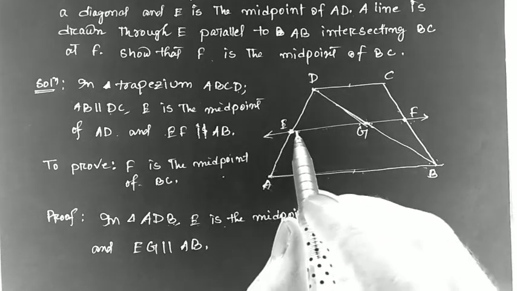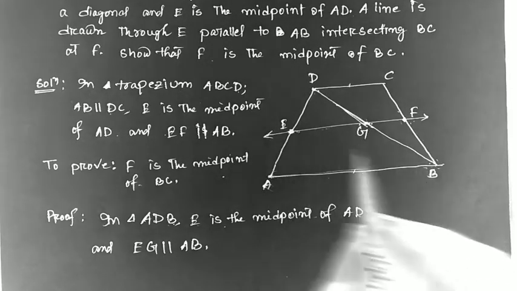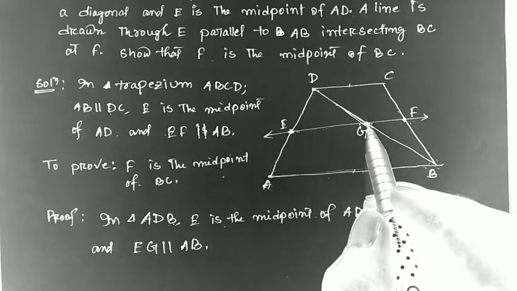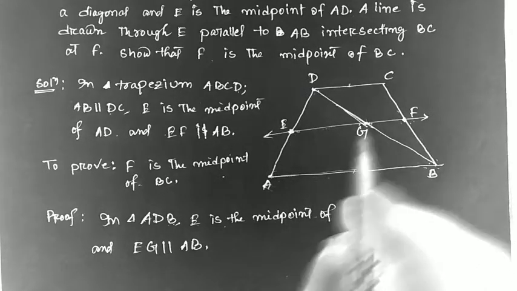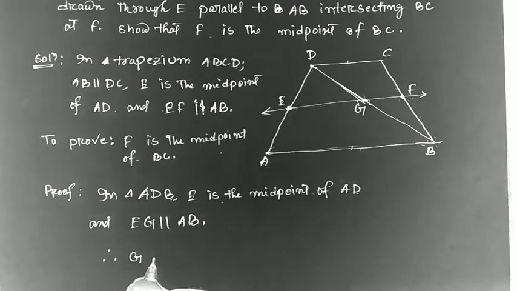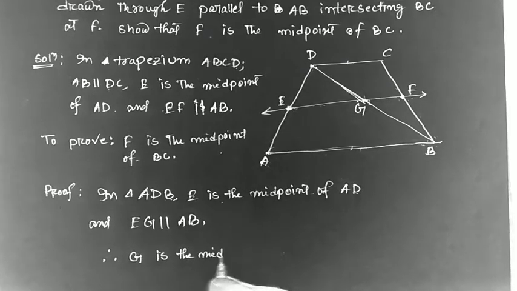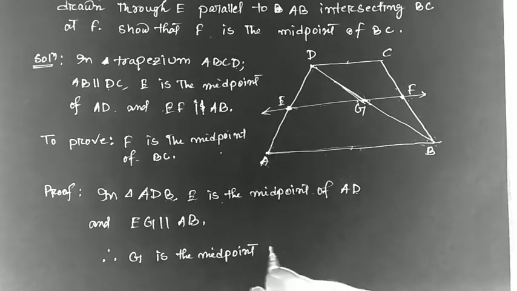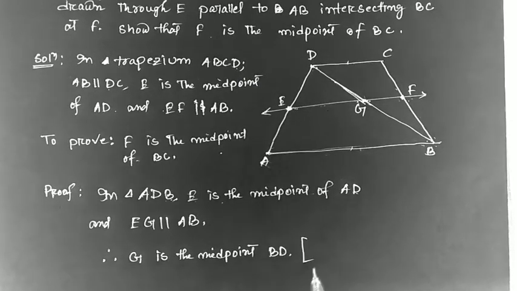Since in this case EG is parallel to AB and E is the midpoint, G must be a midpoint. Yes or not? Therefore we can write G is the midpoint of BD.